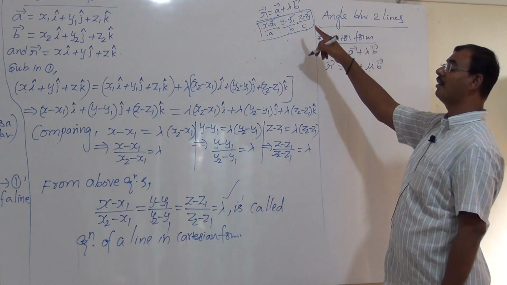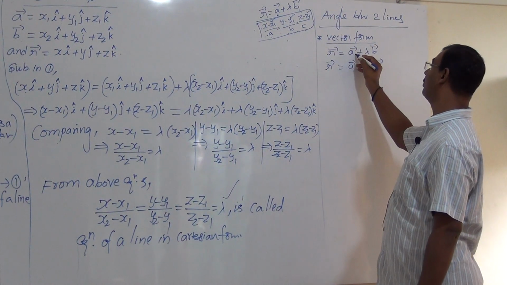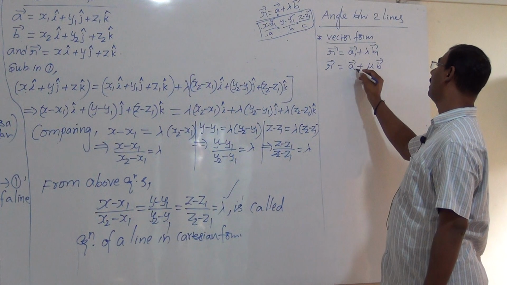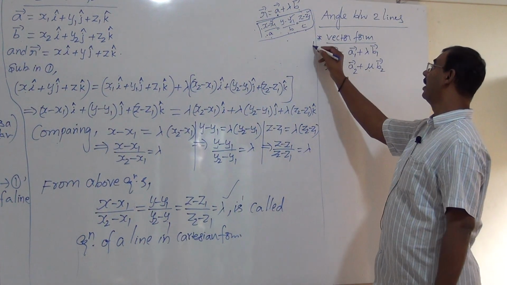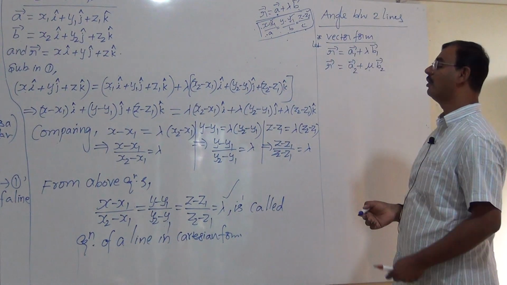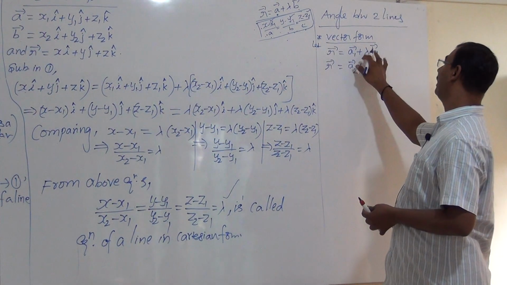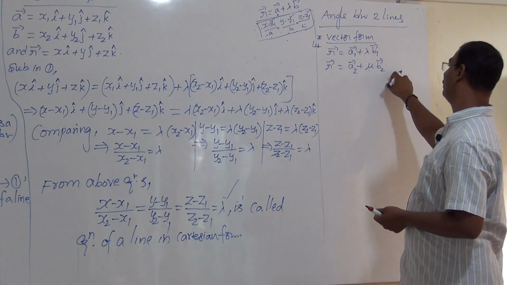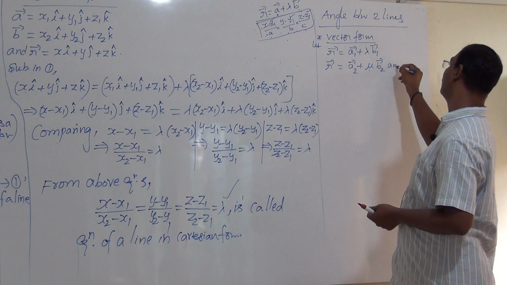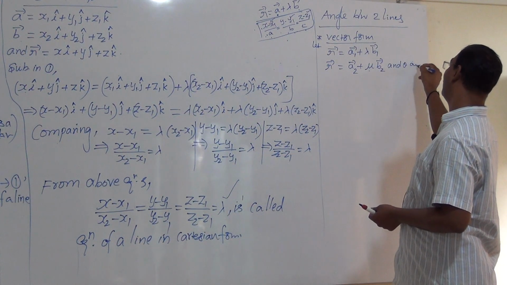But these are different lines, so we can take the points A1, B1, A2, B2. So let the two lines be R bar equal to A1 plus lambda times B1 bar, and R bar equal to A2 plus mu times B2 bar, and theta be the angle between them.